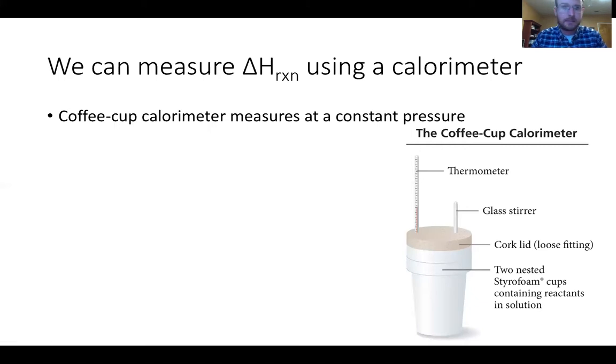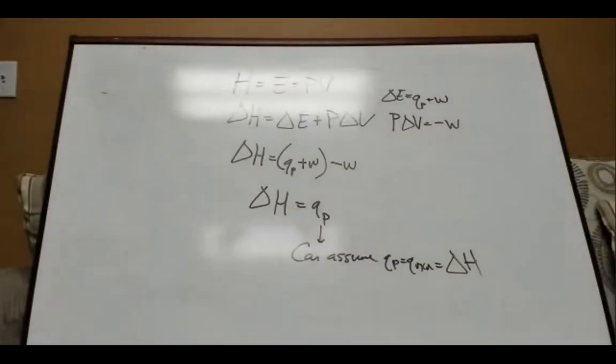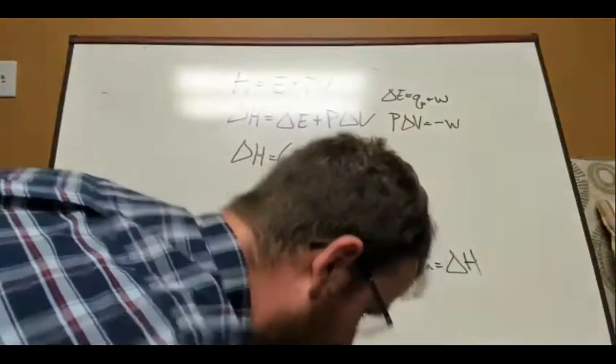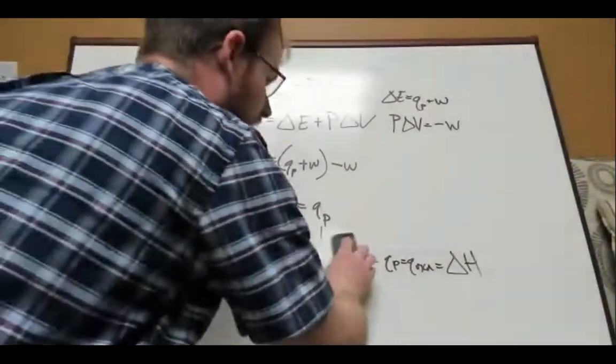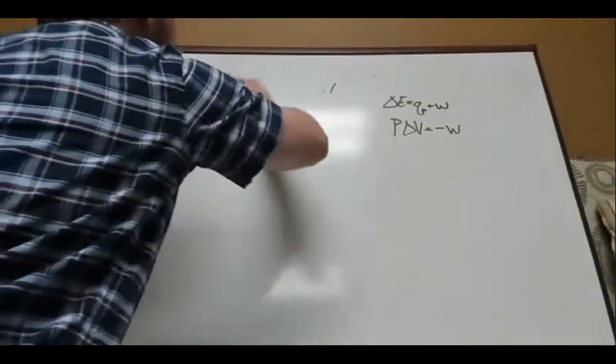Let's go back to the board and look at this real quick. So we're going to look at the coffee cup calorimeter. This is different than the bomb calorimeter. We're actually not going to be calculating anything with a bomb calorimeter, but we will with the coffee cup calorimeter. So we are looking at delta H of the reaction.